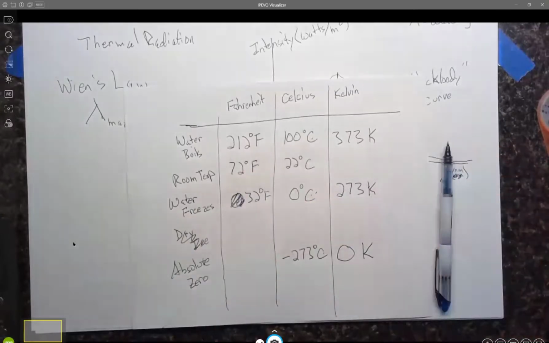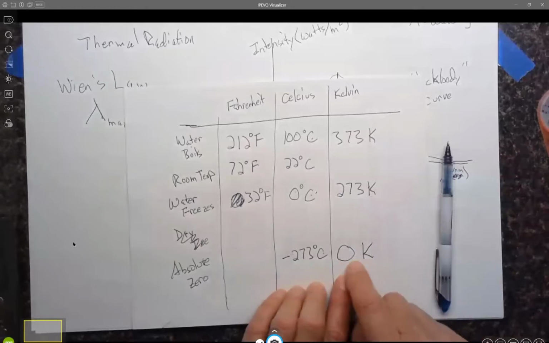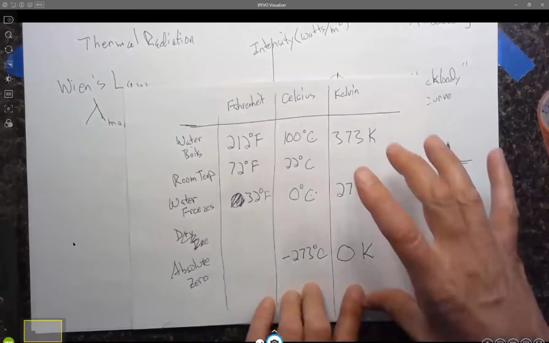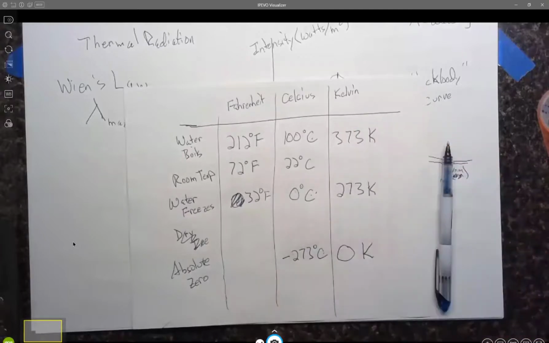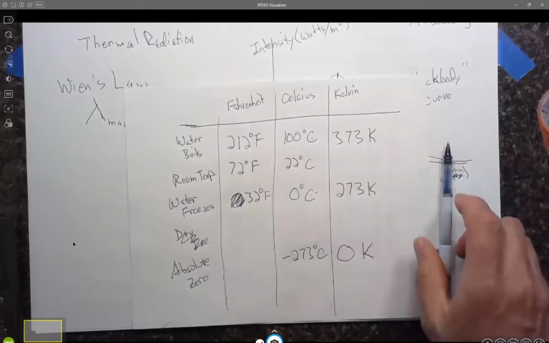So the step size on the Kelvin scale is exactly the same as that on the Celsius scale. It's just offset. It starts counting from zero. And this is usually the temperature scale that we'll use in astronomy going forward. It's like the Celsius scale, but it's just offset by a bit.